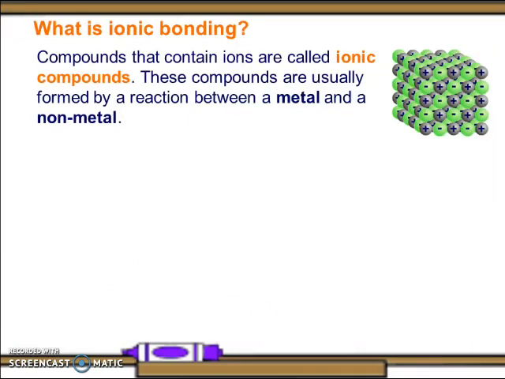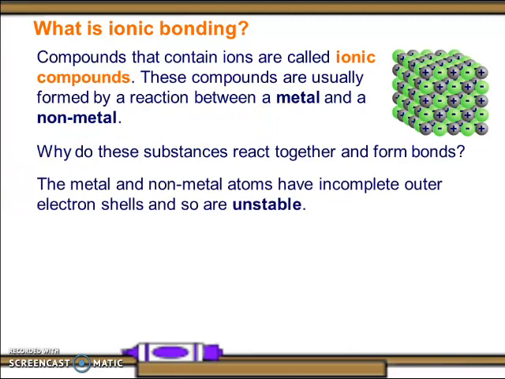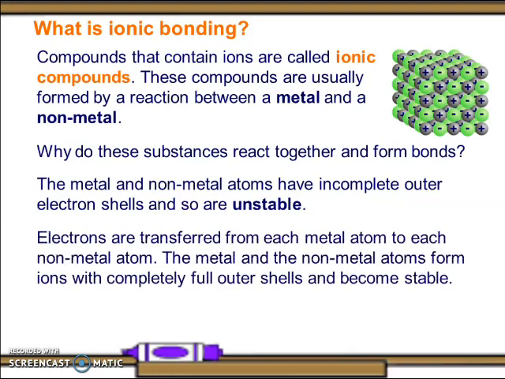Now, what is ionic bonding? Compounds that contain ions are called ionic compounds. These compounds are usually formed by a reaction between a metal and a non-metal. Why do these substances react together and form bonds? The metal and non-metal atoms have incomplete outer electron shells and so are unstable.